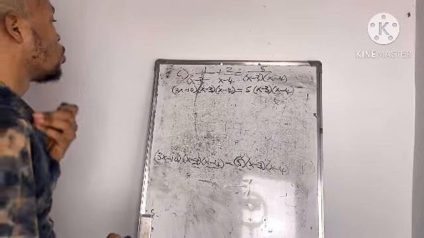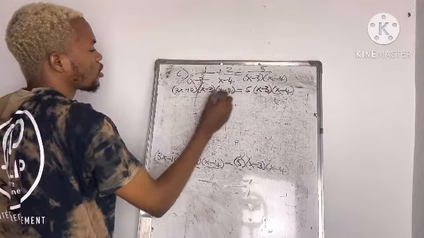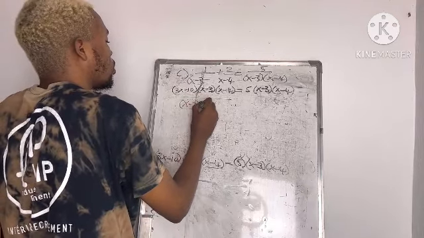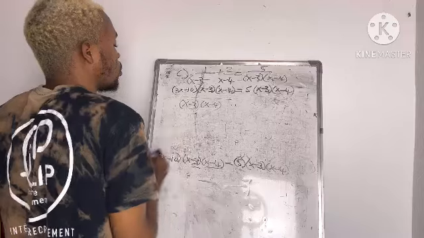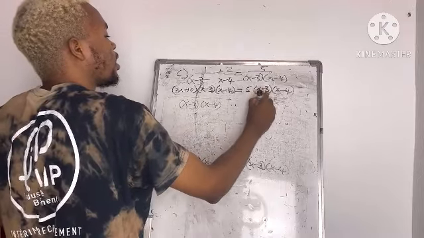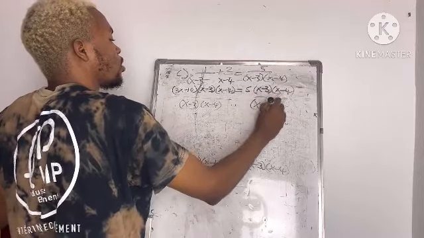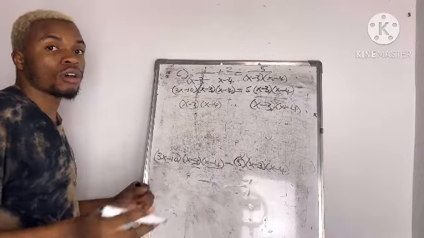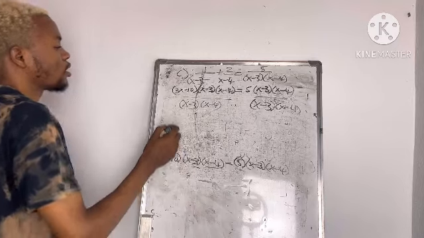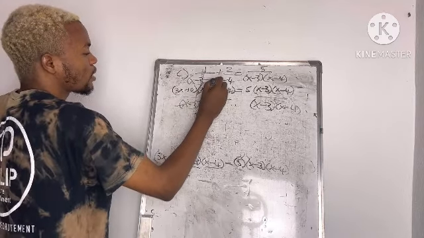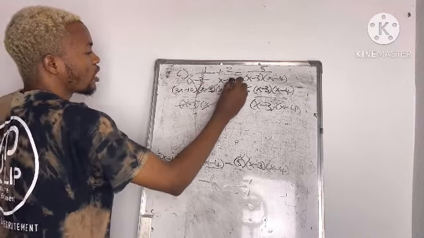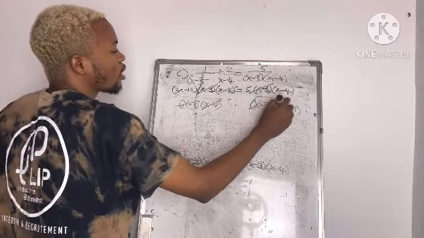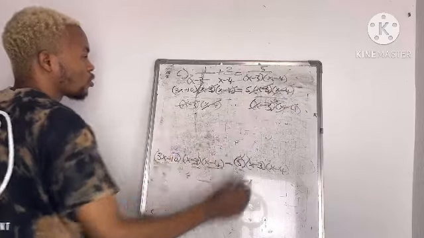What you simply do is divide both sides by x minus 3, x minus 4. So x minus 3 cancels out x minus 3, and x minus 4 cancels out x minus 4, on both sides.